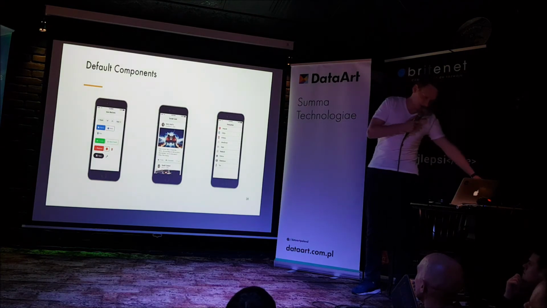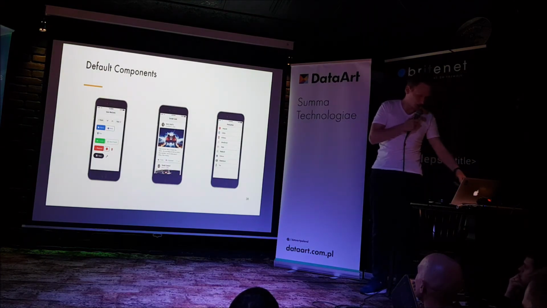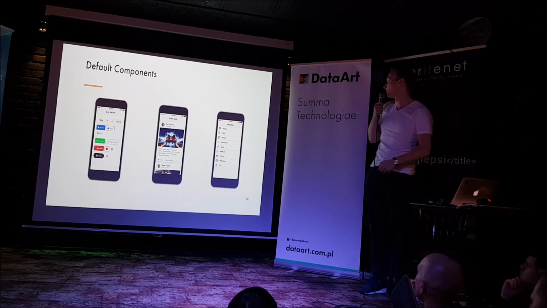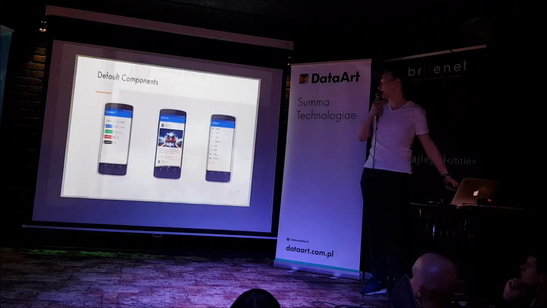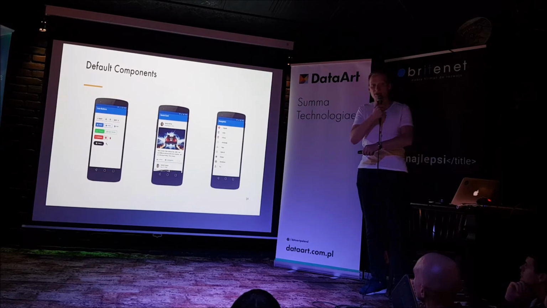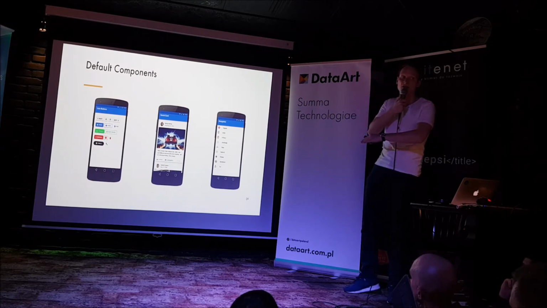So about components, you can notice how they look on different platforms. For example, how the same components look on iPhone, some default buttons, cards, lists, and you can see the same elements on Android. And you shouldn't care about it when you develop your application.